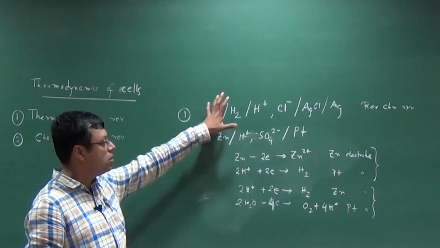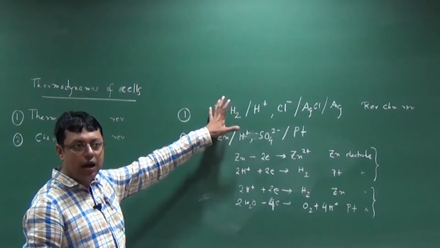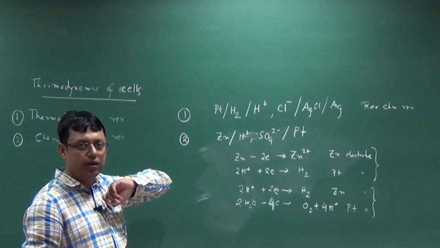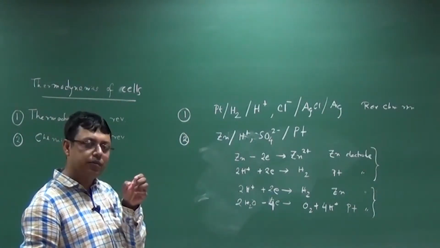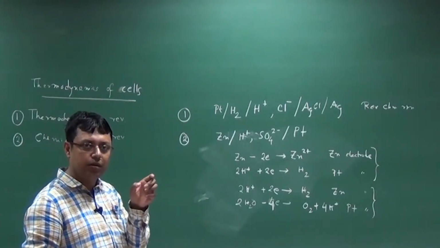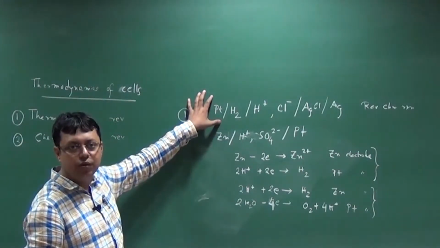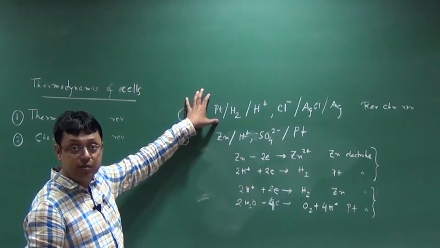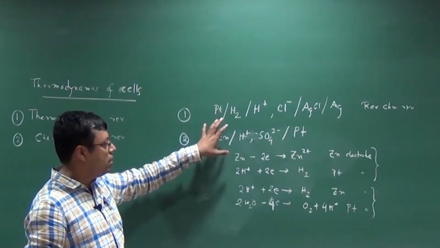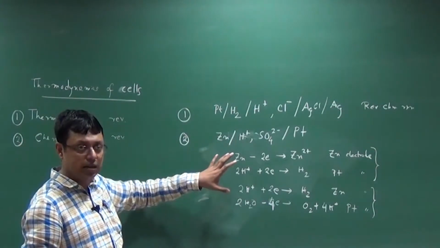In fact, most of the chemically reversible cells are not in the true sense thermodynamically reversible, because thermodynamic reversibility means only a little bit of change is happening. But for practical purposes, we will just take this kind of examples, where I have the reversibility, and then we will not consider these reactions.